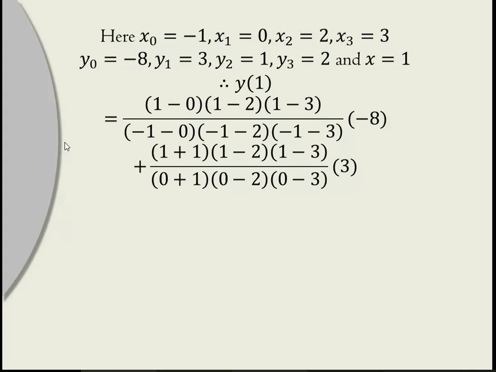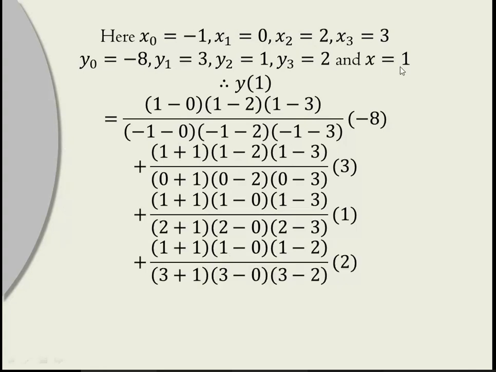So y at 1 will be 1 minus 0, 1 minus 2, 1 minus 3 divided by -1 minus 0, -1 minus 2, -1 minus 3 into first value of y, that is -8. Like that, substitute all these values into that Lagrange's polynomial. So simplify it. Simple calculations are there. You can easily do that calculation.